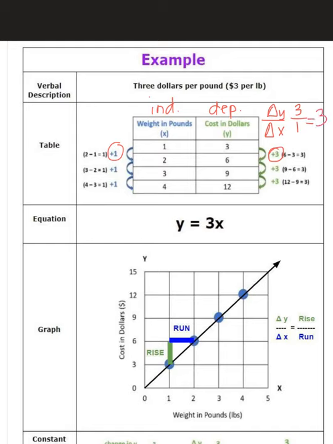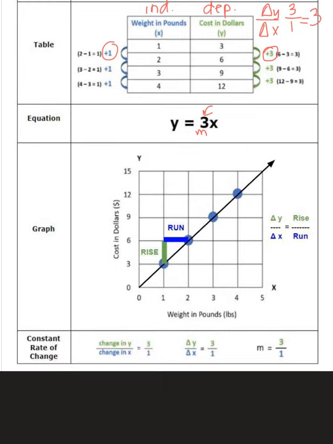So your rate of change is 3. And you can see over here in the equation, notice it says y equals 3x. Earlier it did say that your constant rate of change is going to be your m in the equation. So now we keep looking.